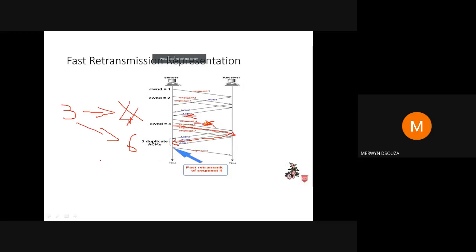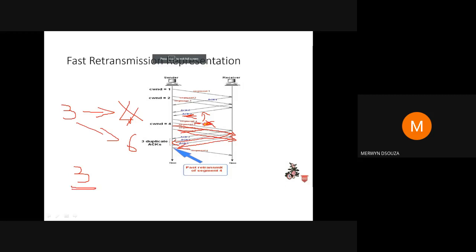Similarly, the same process is done when you send segment 7. If segment 7 has been received here, then again the receiver replies with a duplicate acknowledgement. So again, as you must be understanding by now, since segment 4 is lost, the acknowledgement prior to that, which was sent successfully, is used.